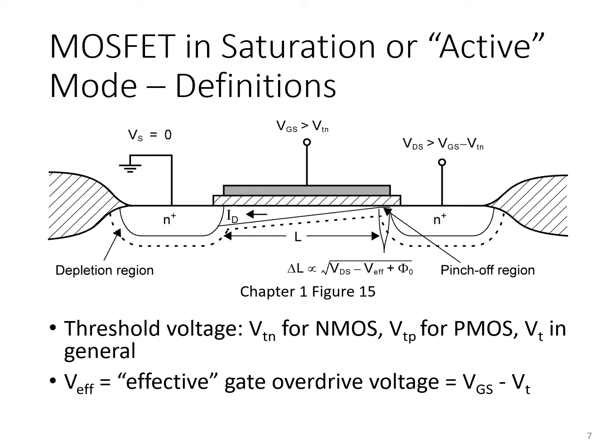So I find it easiest to think about these quantities in absolute terms, keeping in mind the typical polarities that we have for NMOS and PMOS transistors. That is, positive threshold voltage for NMOS, negative threshold voltage for integrated circuit PMOS transistors. So this symbol V effective refers to this effective gate source voltage and is often referred to elsewhere as the overdrive voltage, so we may use those terms interchangeably.